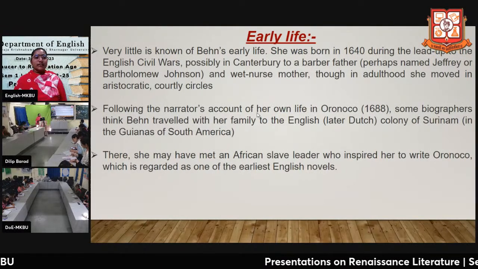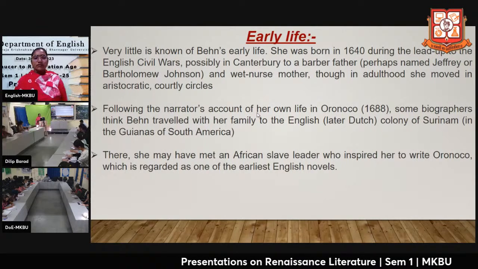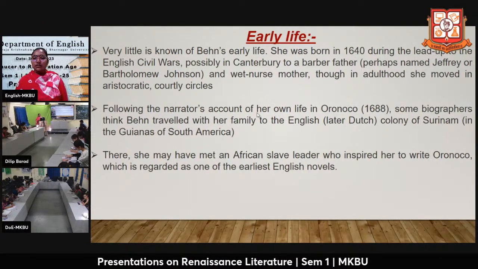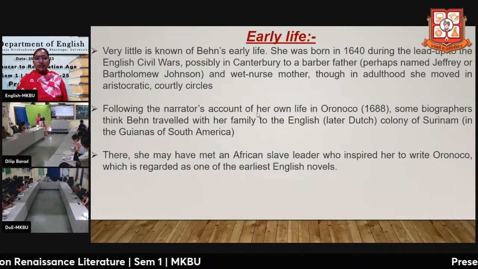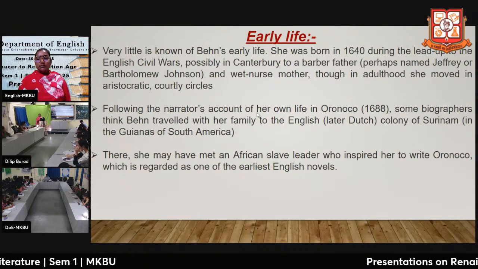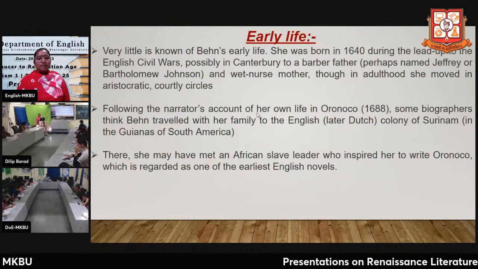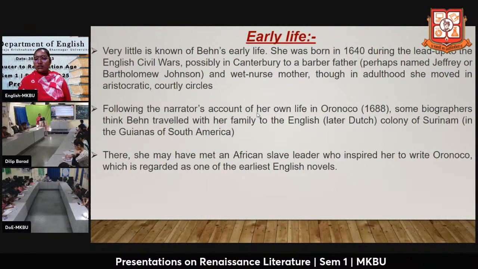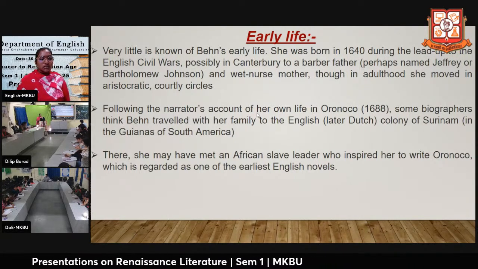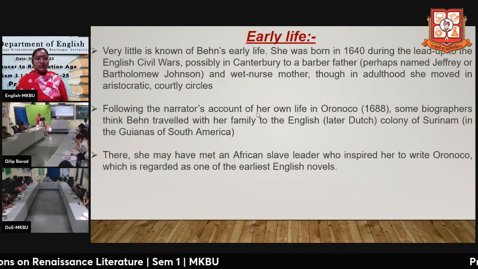Early life. Very little is known of Behn's early life. She was born in 1640 during the lead up to the English Civil Wars, possibly in Kent, to a barber father and wet nurse mother. Though in adulthood she moved in aristocratic courtly circles.